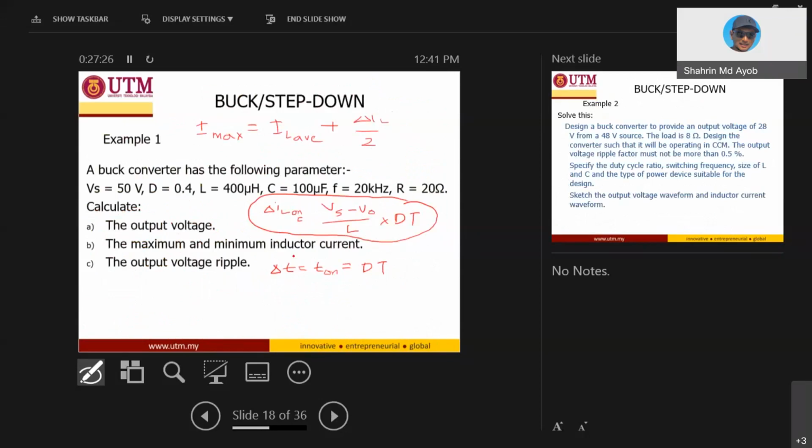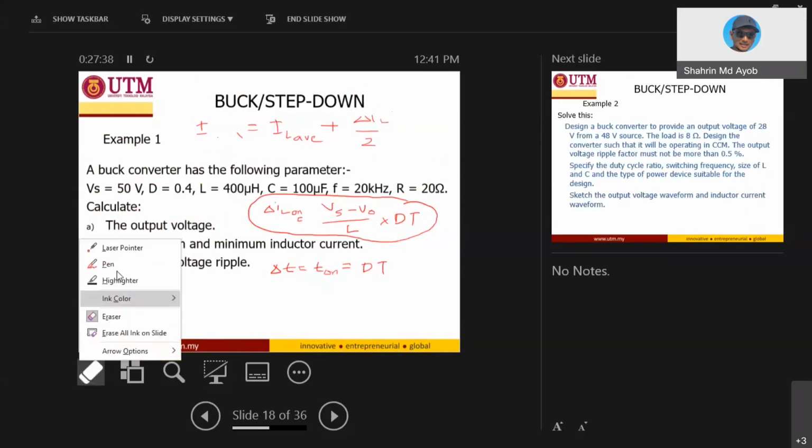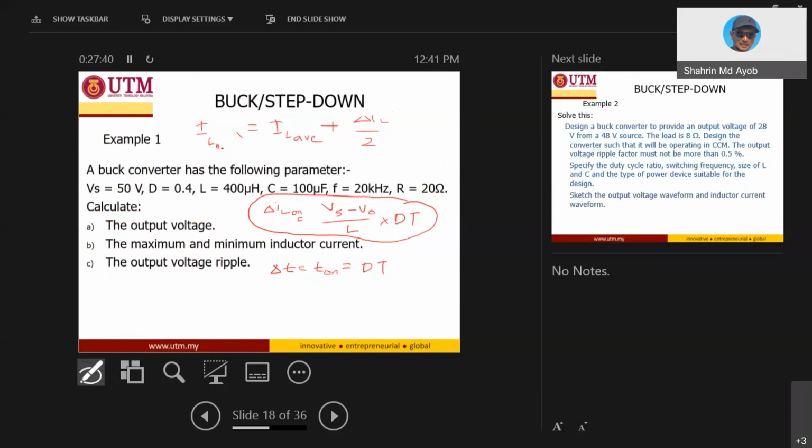Oh, belum. Okay. This one, I max. This one, I max is, actually, apa dia? IL max. Maximum inductor current. So right now, betul lah kita buat ni.